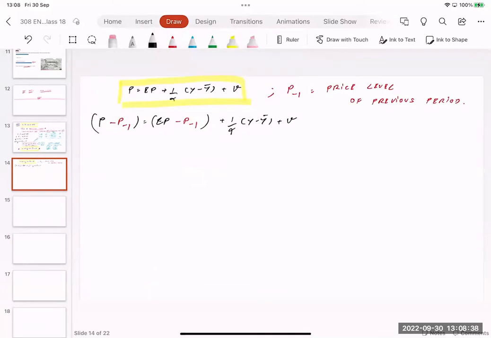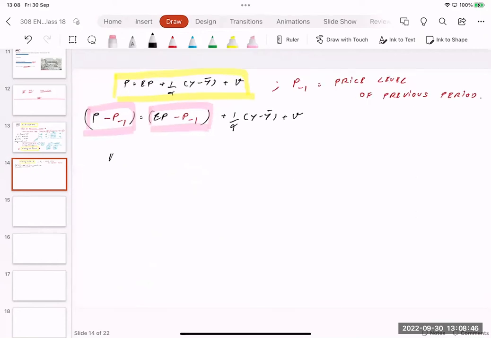And then, as you can see from here, expected price minus P minus 1 becomes inflation, or pi, because inflation is the story about the changing of price. Pi stands for inflation. Normally, inflation is in percentage terms.